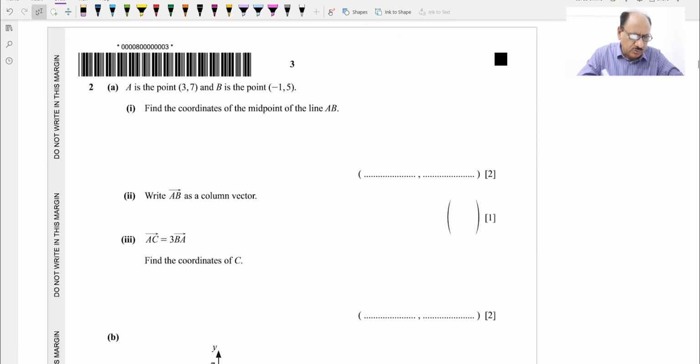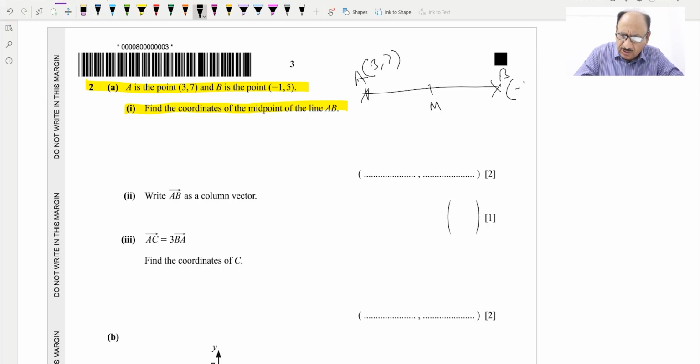Now question number 2 says A is the point (3, 7) and B is the point with coordinates (-1, 5). Part 1: find the coordinates of the midpoint of the line AB. So for example, this is A, this is B, M will be the midpoint, and the coordinates are 3 and 7, and -1 and 5.